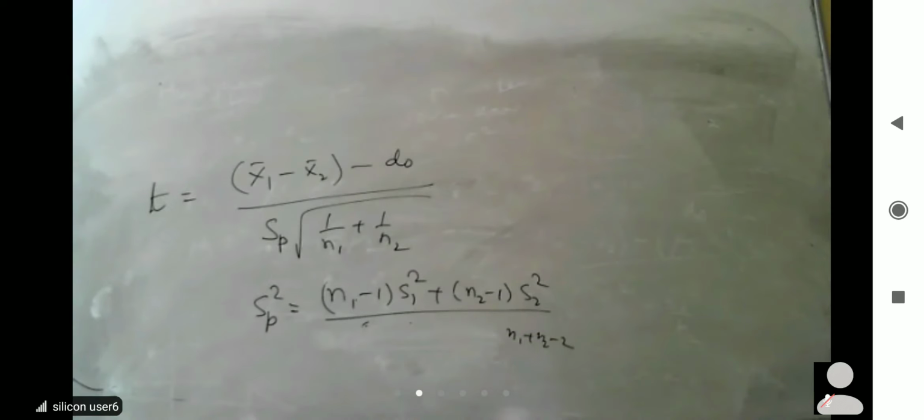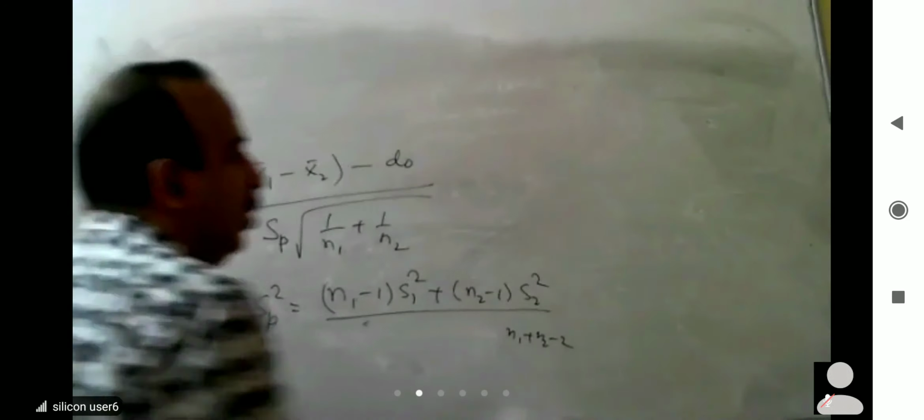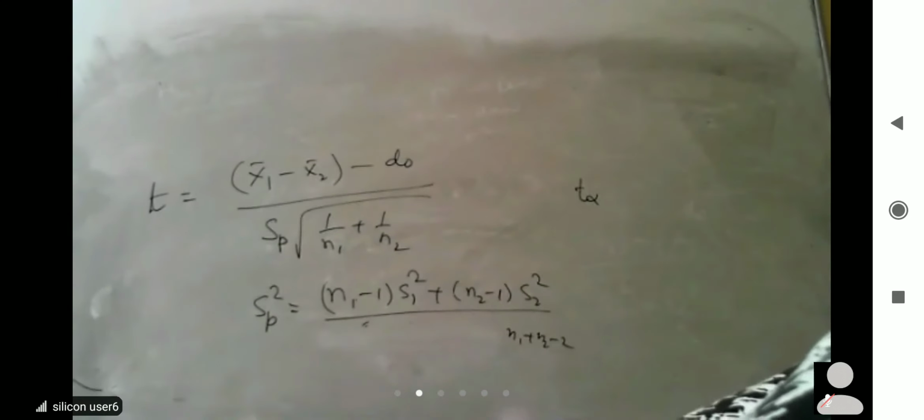Okay? Then, for a single tail, you find T alpha. Yes or no? Yes, sir. Then what is the degree of freedom when you find T alpha? n1 plus n2 minus 2.